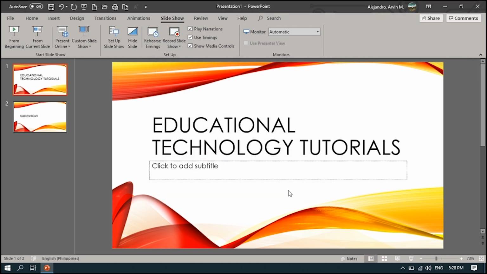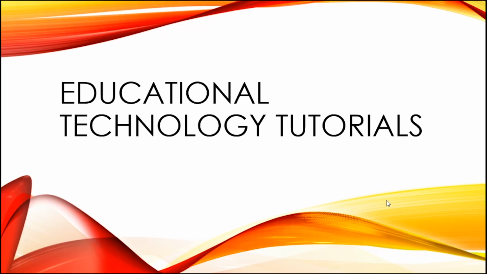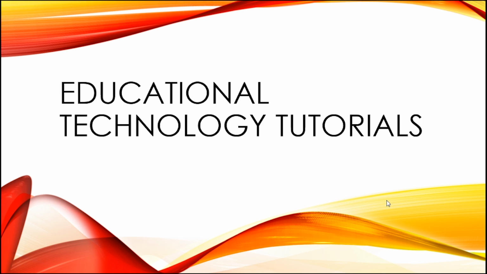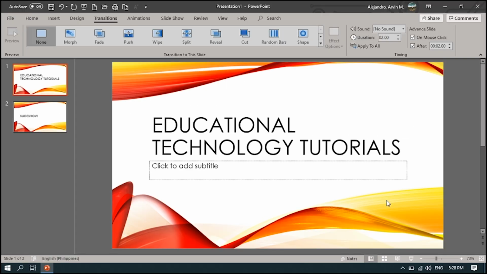Now, go over to your Transitions tab, and under After, check that box. Change the amount of time you want for each slide and apply that to all. And when you hit Slideshow, 1, 2, 3, 1, 2, 3, and it repeats in a continuous loop.